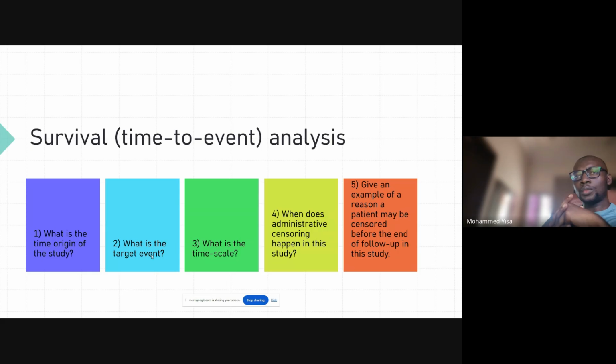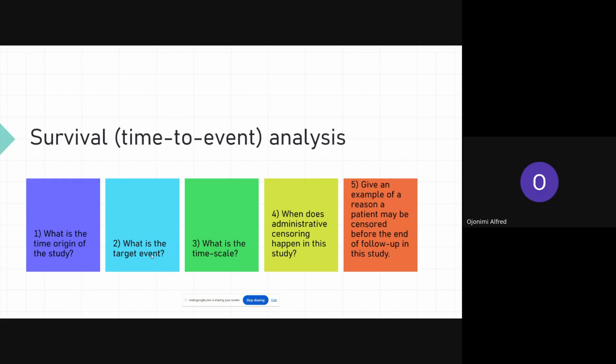Months. Okay. Now, in the main class, there must have been some discussion about administrative censoring and other types of censoring. Can you tell us when administrative censoring happens in this study?